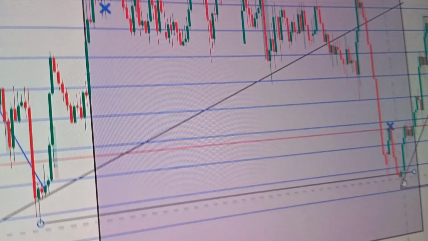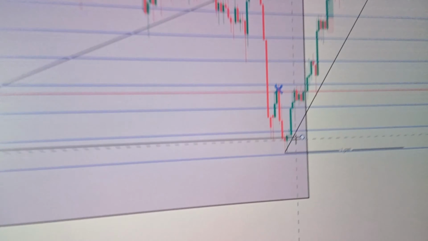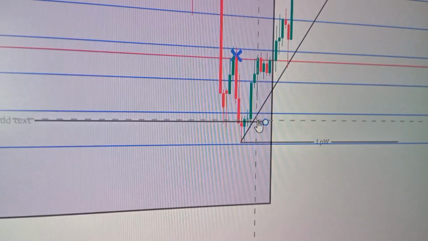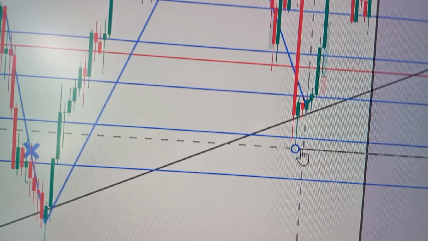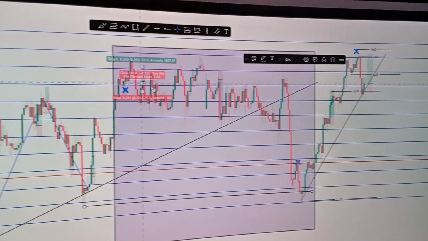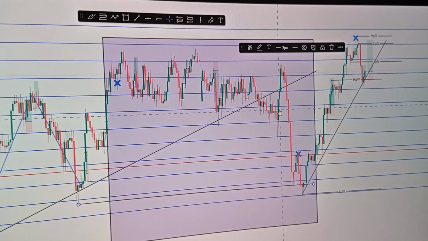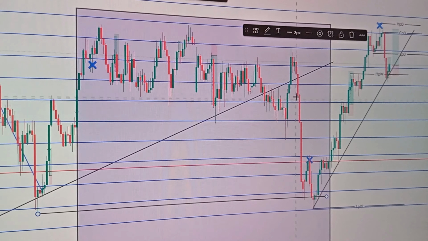So this change of character isn't even valid, because even though it changed character right here on the 4 hours time frame, this is the recent low, the last higher low. The market was looking like a downtrend, and I think news must have caused these long red candles.